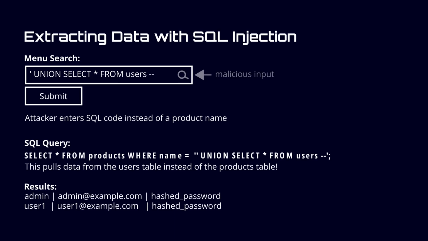Behind the scenes, the query becomes: select star from products where name equals single quote union select star from users dash dash; The attacker's union command combines results from two different tables, products and users. Now instead of returning product results, the database leaks user data, like emails and password hashes. This is how real attacks happen when developers don't properly filter or restrict user input.